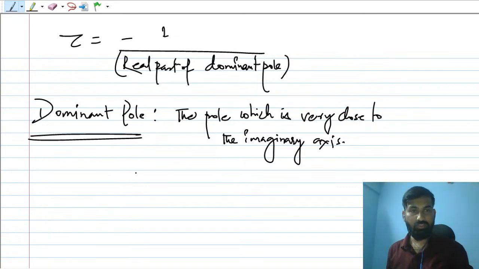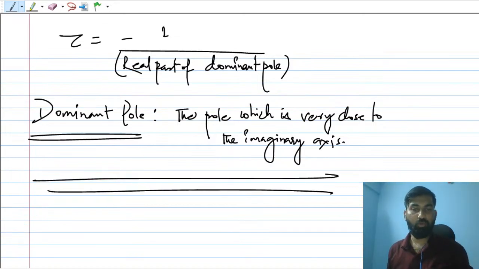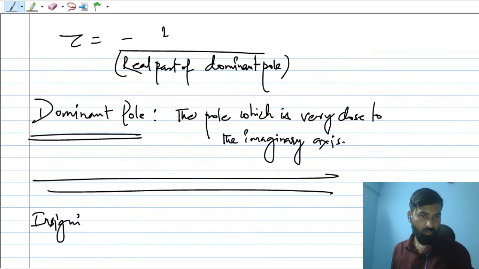Understood? So this is very, very important to remember: dominant pole. And there is one more kind of pole, that is known as insignificant pole.